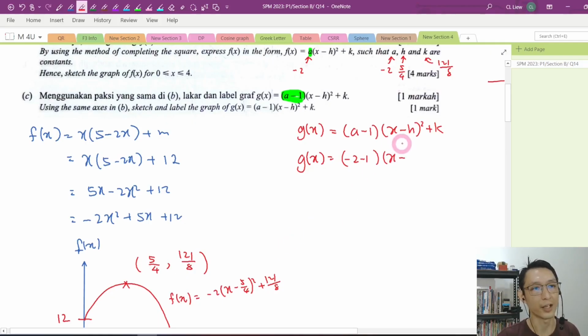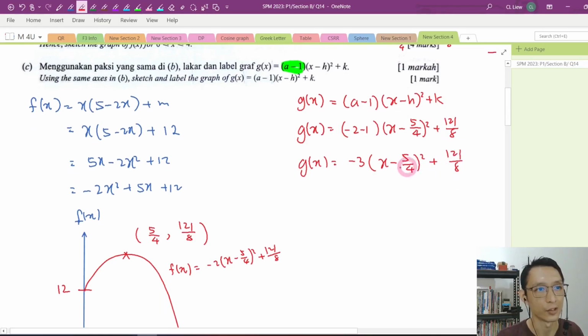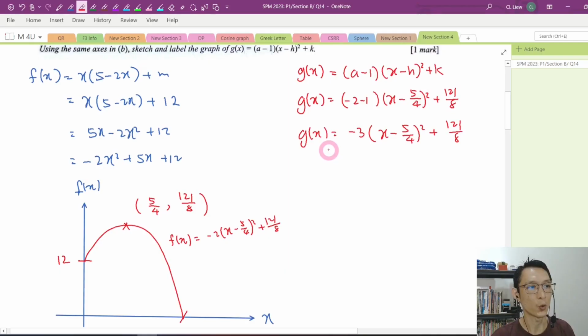The rest is actually the same. Negative 3 times (x minus 5/4) squared plus 121/8. So x minus 5/4 is equal to 0, x is equal to 5/4, and this is 121/8. So the maximum point definitely will remain unchanged. But this is negative 3, so the graph will become narrower.